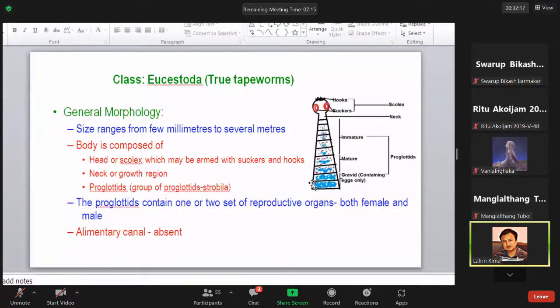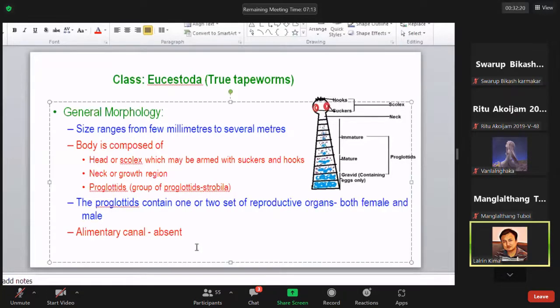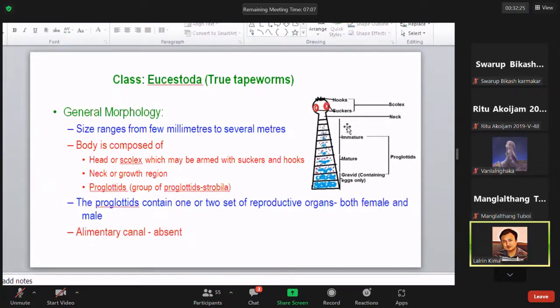Okay, as I told you, the next point is the alimentary canal is absent, because there is no possibility of having an alimentary canal here. The gravid proglottid will disintegrate and new segments will be incorporated in the neck region, and then the cycle goes on.